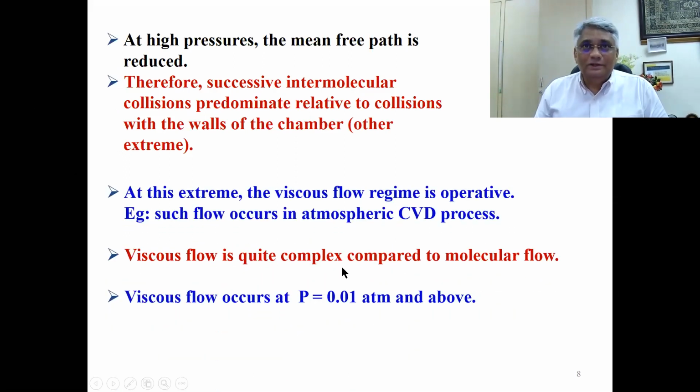So viscous flow is quite complex, of course, compared to the molecular flow. Viscous flow normally occurs when the pressure is of the order of 2 orders less than the atmospheric pressure, 0.01 atmospheres and above.